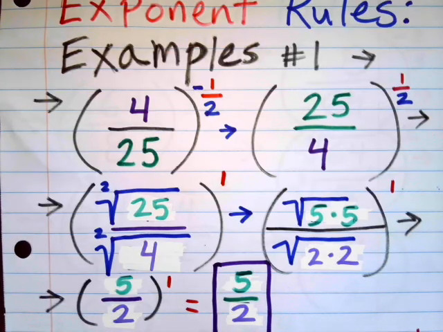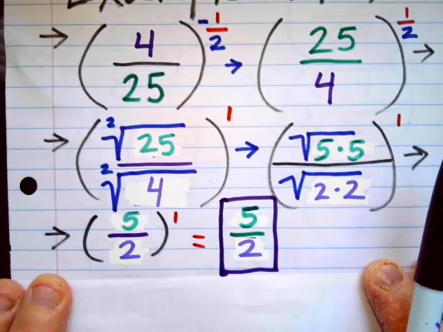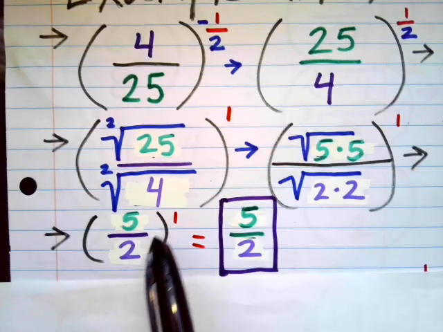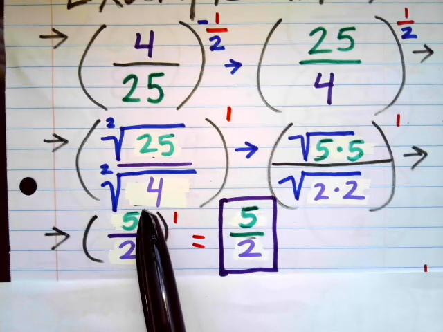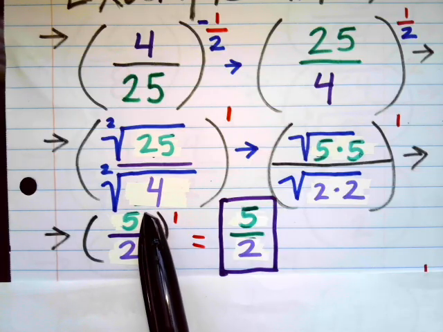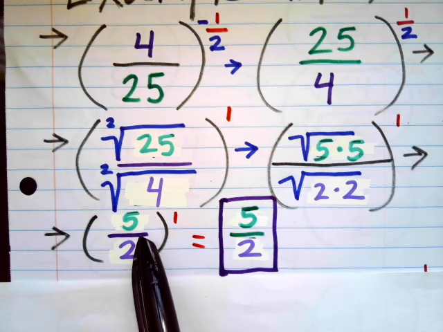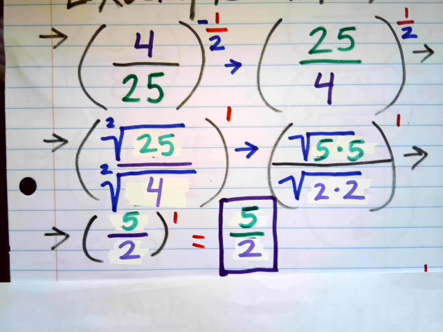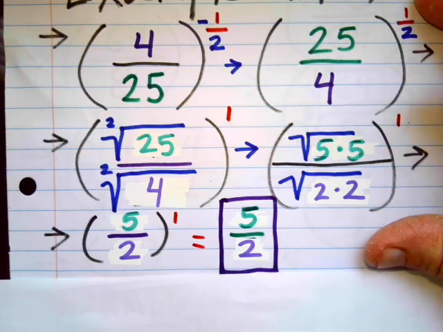So as you can see here, I have 5 halves raised to that first power. And again, that's just like 1 times 1: 5 to the first power, 2 to the first power. 5 halves is your answer.